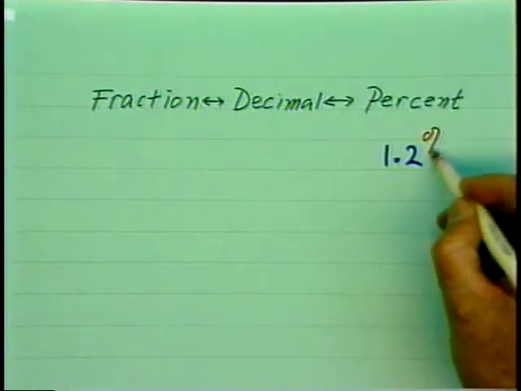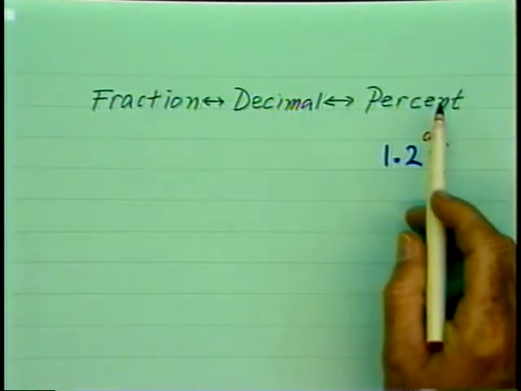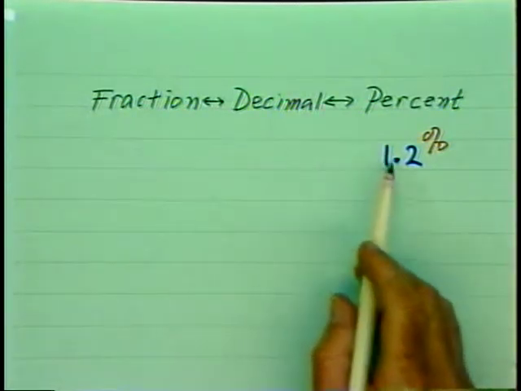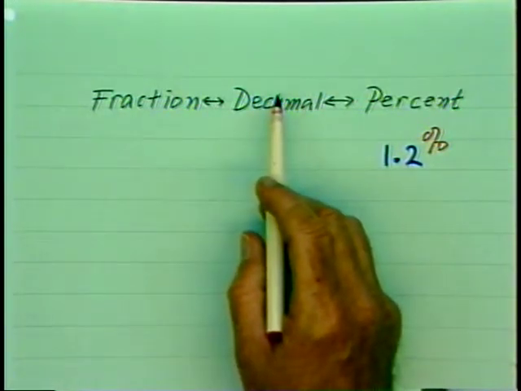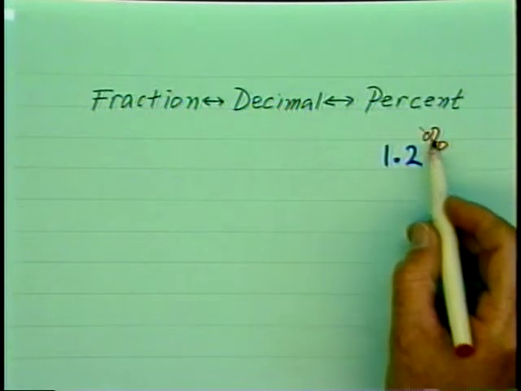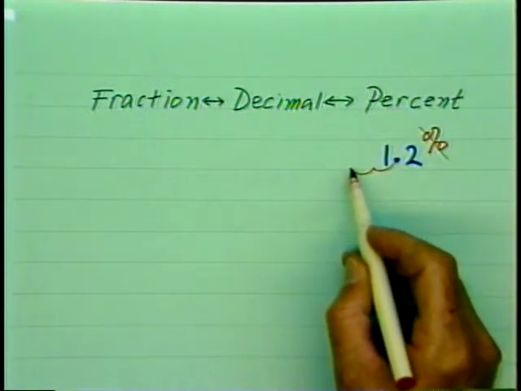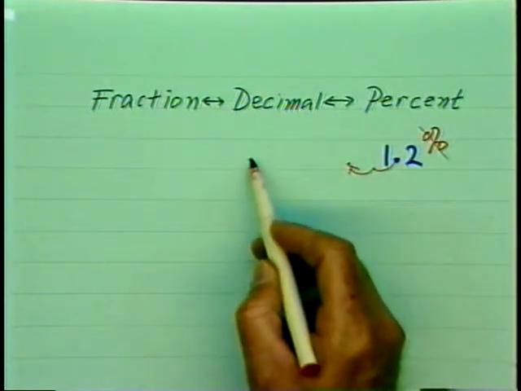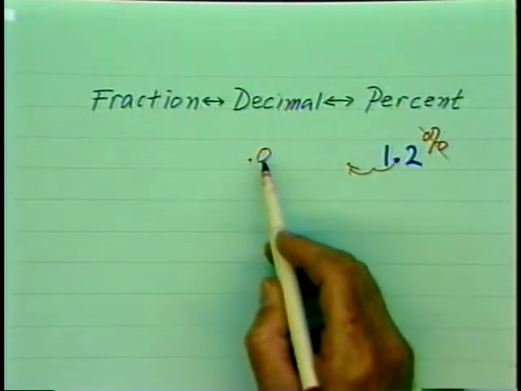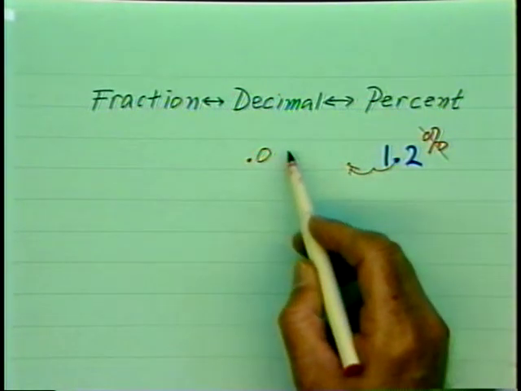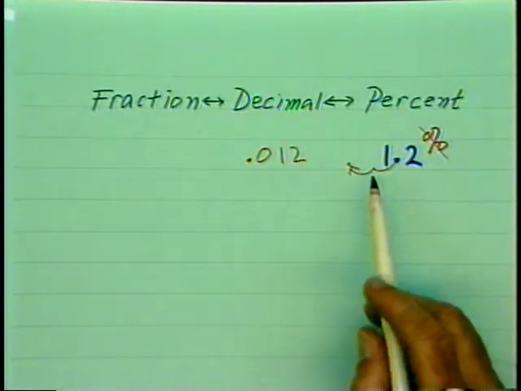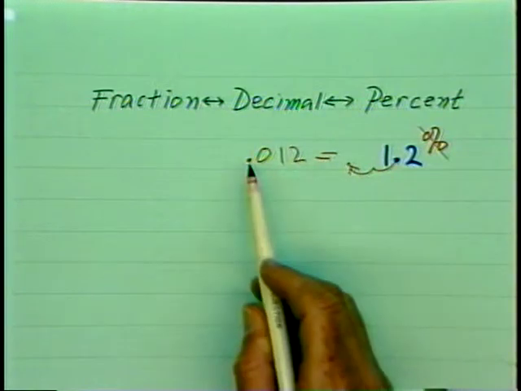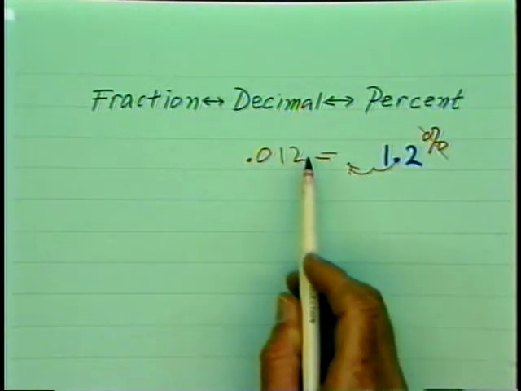For instance, if we had 1.2% and we wish to change it to a decimal and a fraction, it'd probably be easier to go to the pure decimal first. And recall we drop the percent and move it 2 places away from the percent. We've created an additional place, so we have a placeholder 0. And so 1.2% is the same thing as the pure decimal 0.012.